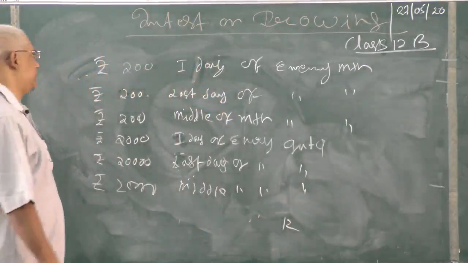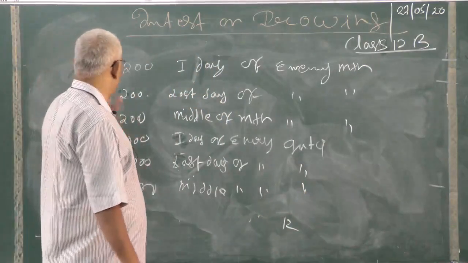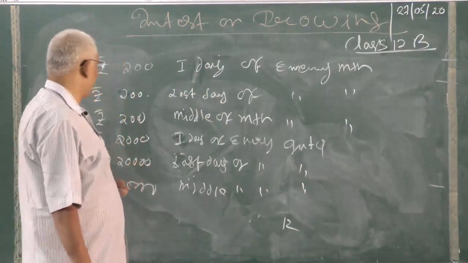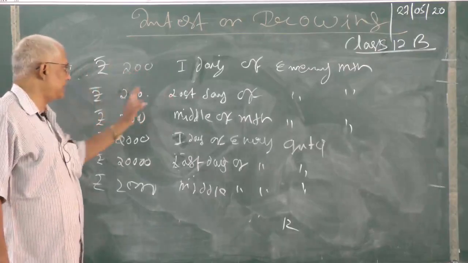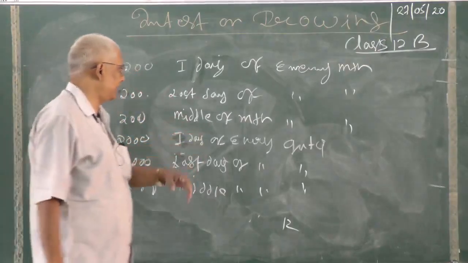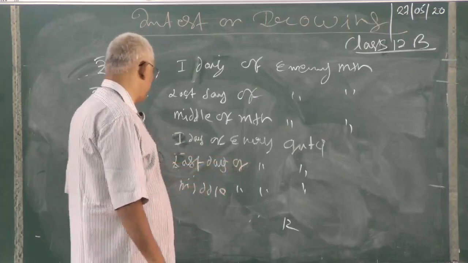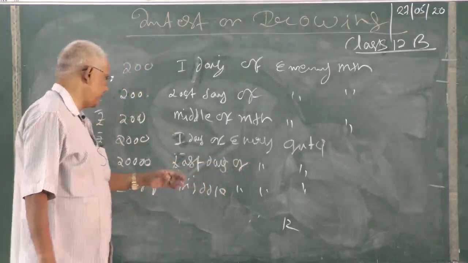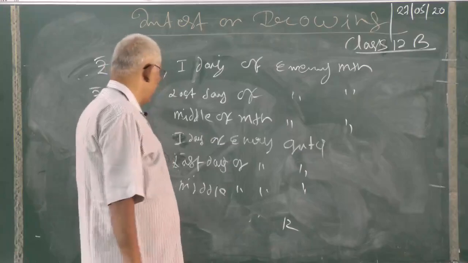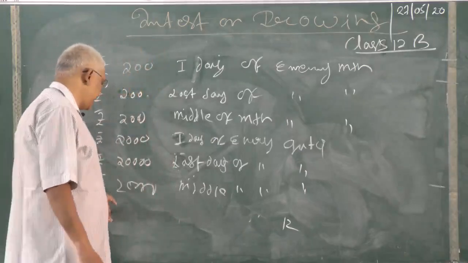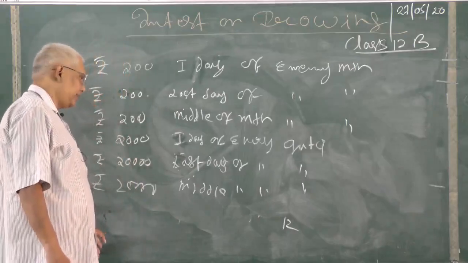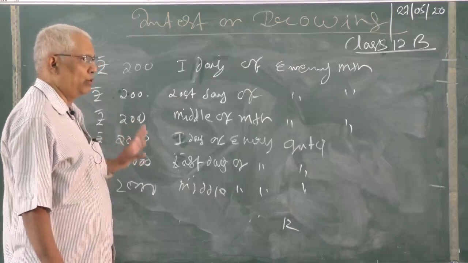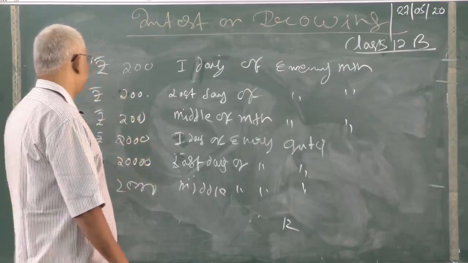Please students, try to understand that for whatever withdrawal procedures there are, first day of every month, last day of every month, middle of every month, first day of every quarter, last day of every quarter, middle of every quarter, like that, first day, middle and last day of every half yearly, all have different rules and different methods.